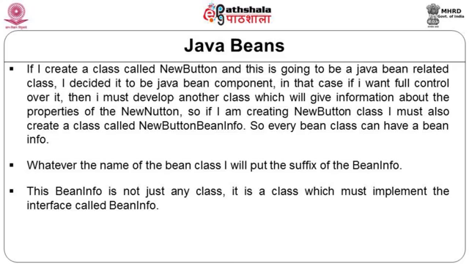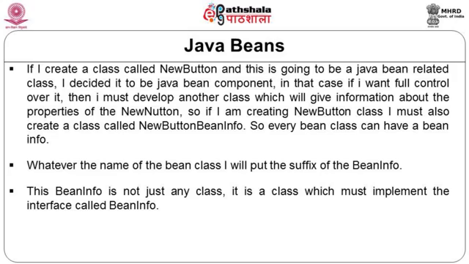In that case, if I want full control over it, I must develop another class which will give information about the properties of the new button. So, if I am creating a new button class, I must also create a class called new button bean info. Every bean class can have a bean info; it is not a must.